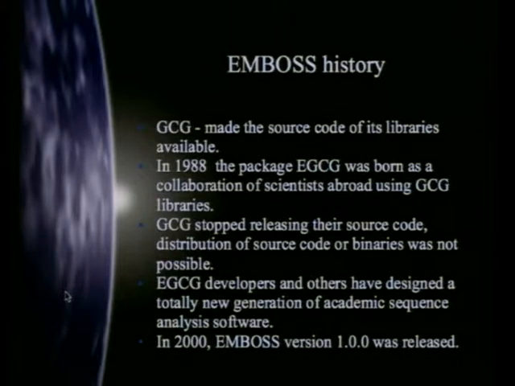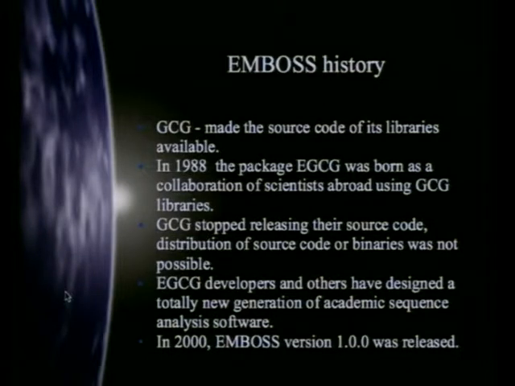So a little bit of history of Emboss. GCG, which is the Genetic Computer Group, is an institution from the University of Wisconsin. They developed what was called the Wisconsin package. And they made the libraries and all their software available to the community.